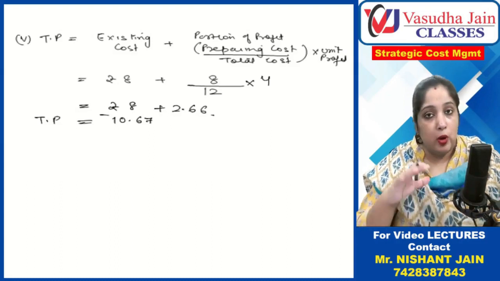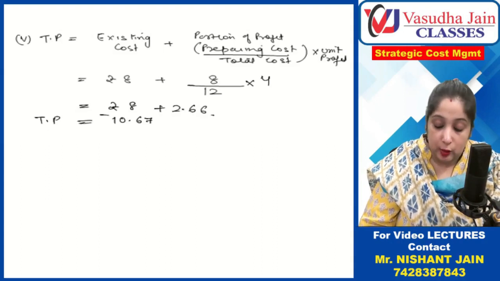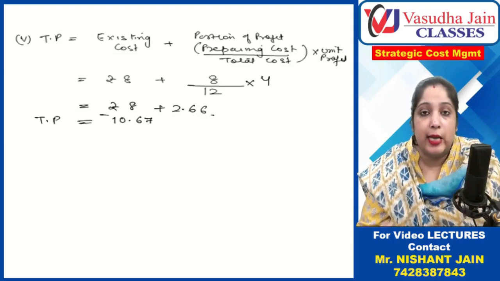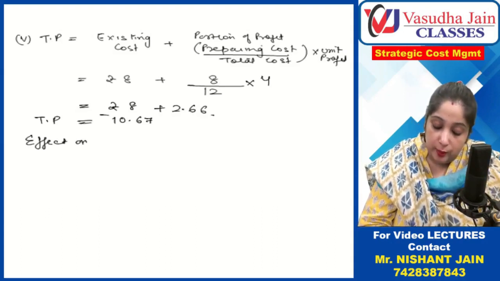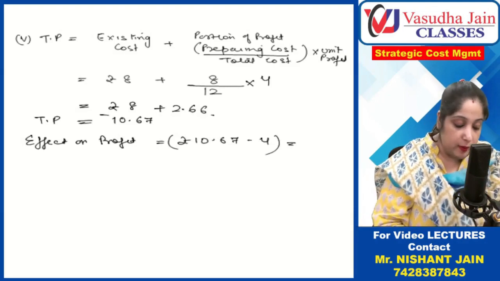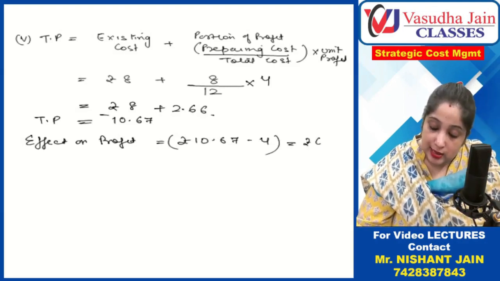Now we have to compute only the transfer price, or compute the effect on profit. So how much will be the effect on profit? Whatever you receive from the transferee beyond 4 rupees, that is your profit. Minus 4 rupees, it is coming out to be rupees 6.67.